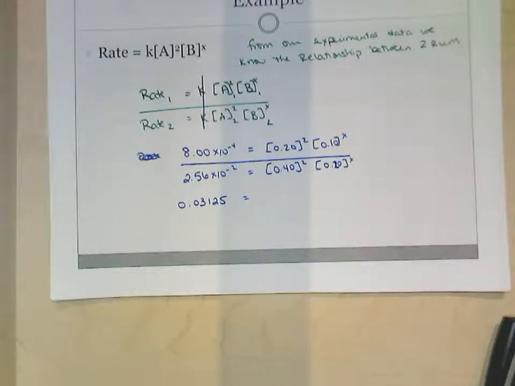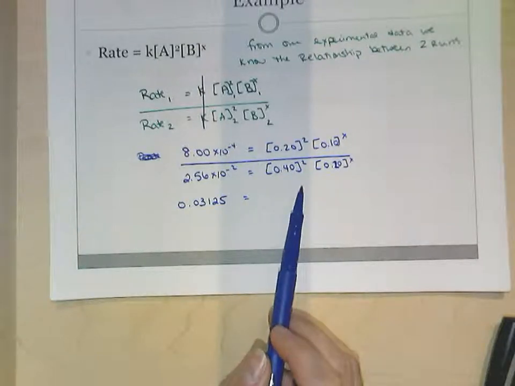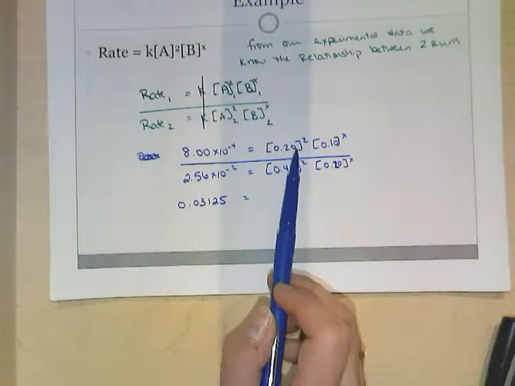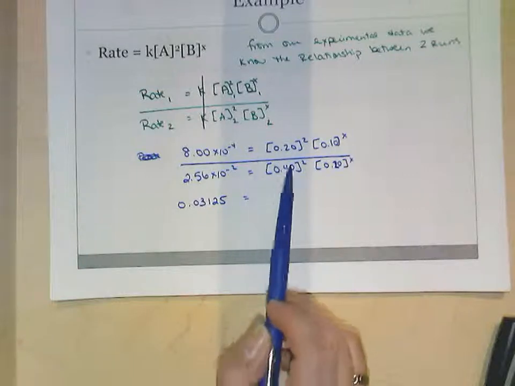I'm going to also keep a lot of significant figures till the end, so I do the rounding at the end. All right, what's something I can do on this side of the equation to numerically simplify it? Go ahead and do this part of the math. Do the 0.2 squared divided by 0.4 squared.